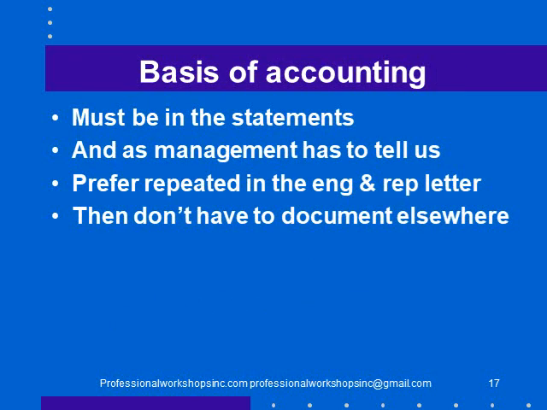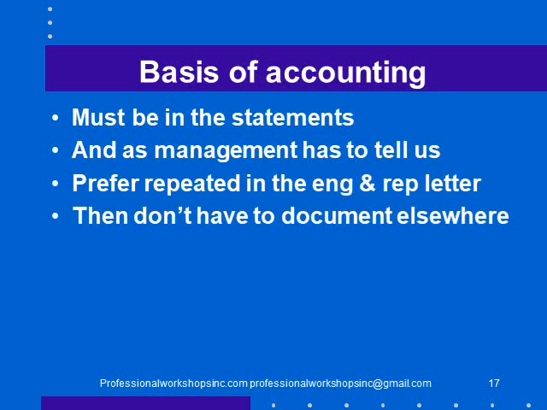Now, the basis of accounting has to be in the financial statements. And it has to appear as if management has told us: this is the basis of accounting that management picked. Now, to be very clear, I would prefer that that's repeated in the engagement and the rep letter and not anywhere in the file, because we don't need to do it 2 or 3 times. I guess I'm already doing it 2 times in the engagement and the rep letter.